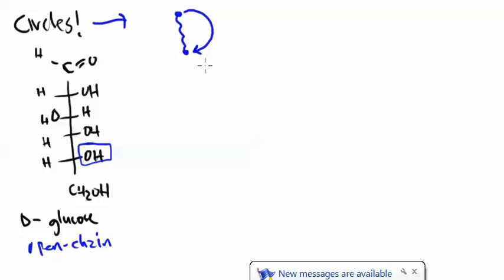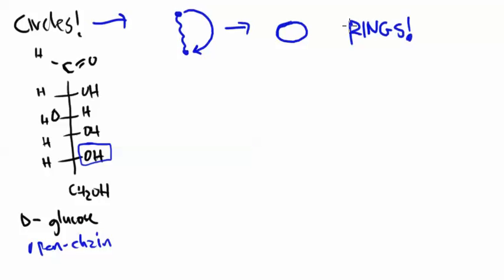And all of a sudden, what we end up with is basically a circular molecule, a ring. So all of these carbohydrates, every one that we've mentioned, for the most part, at least if they've got 4 or 5 carbons in them, can turn around and make a ring on themselves.